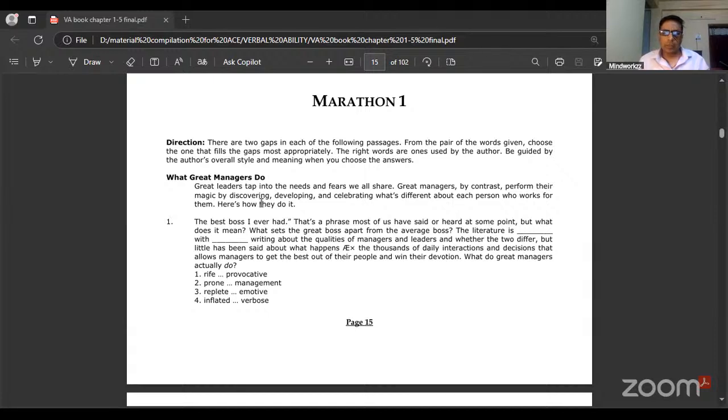These are the kind of articles that you will be reading when you go to a B school. It was published in 2005, and this is "What Great Managers Do" by Marcus Buckingham.